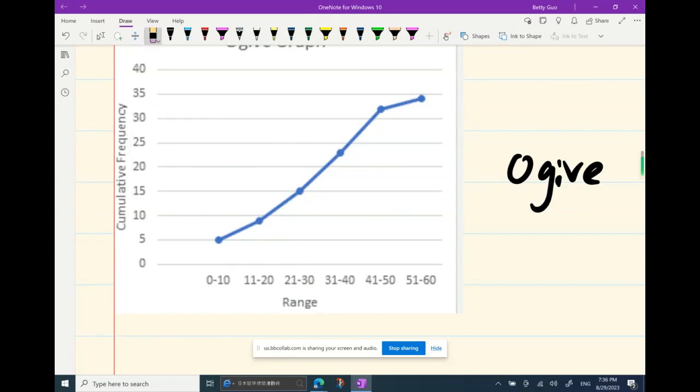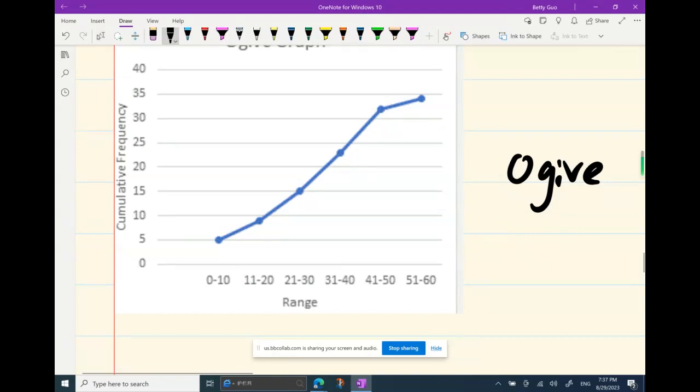Any questions about the ogive? I think ogive is from French, probably. Any questions about that? An ogive is always going up because the vertical scale represents the cumulative frequency.